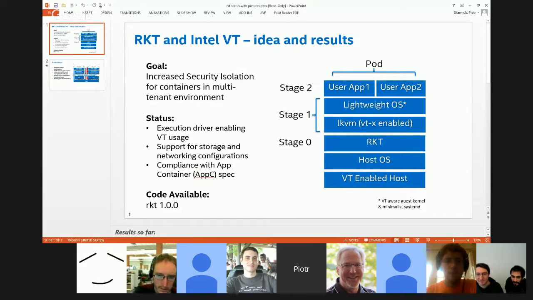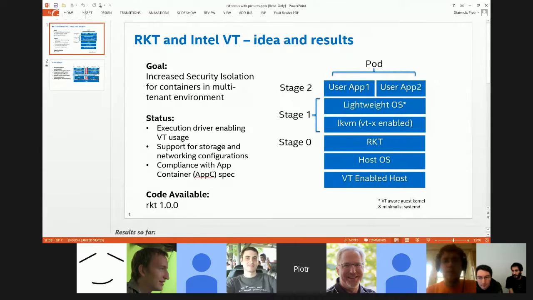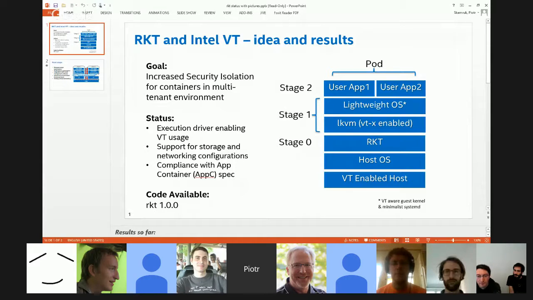Okay, so the idea was to add additional security to containers with abilities which are already usable on the processor side. This ability is using VT. So basically, it's based on using whole VMs.